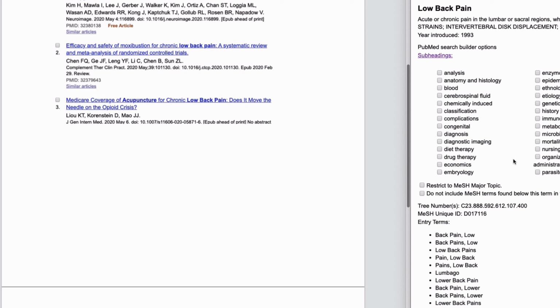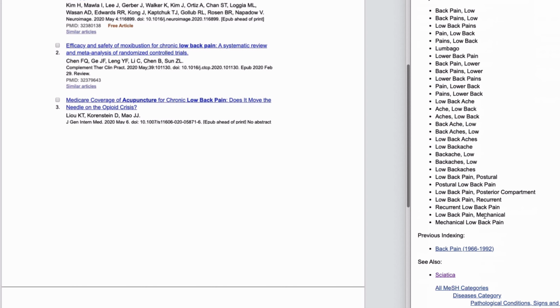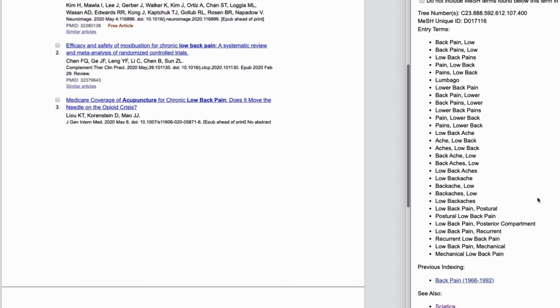But let's just let them be there. And you can use MeSH major heading to be more specific. But let's just leave it as it is for now. Then this is the MeSH term you are using, so you are searching everything here. And the virtue of the MeSH term is that the editors, the employees of the NIH, manually register MeSH terms for each article.